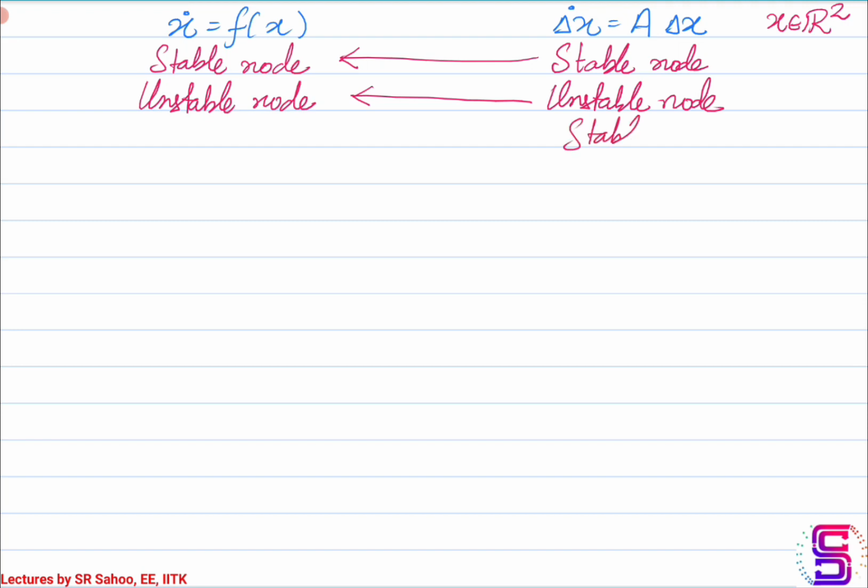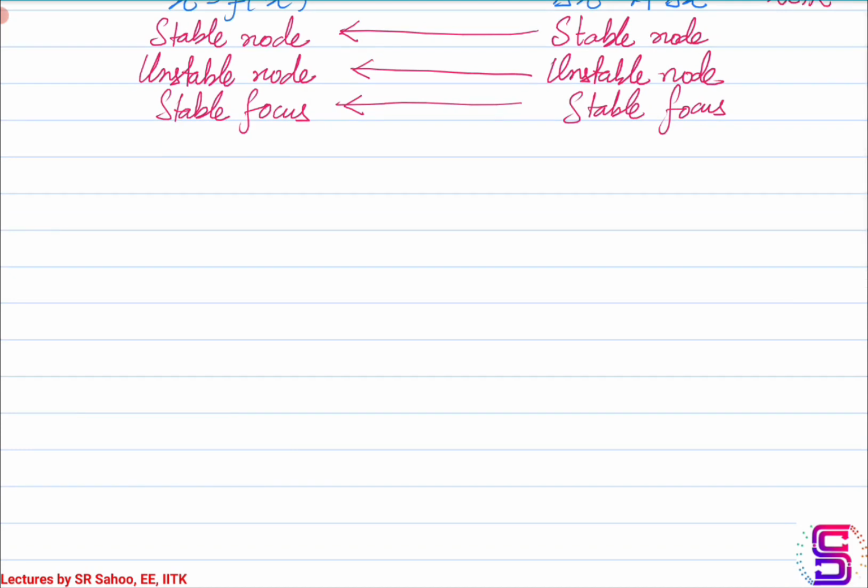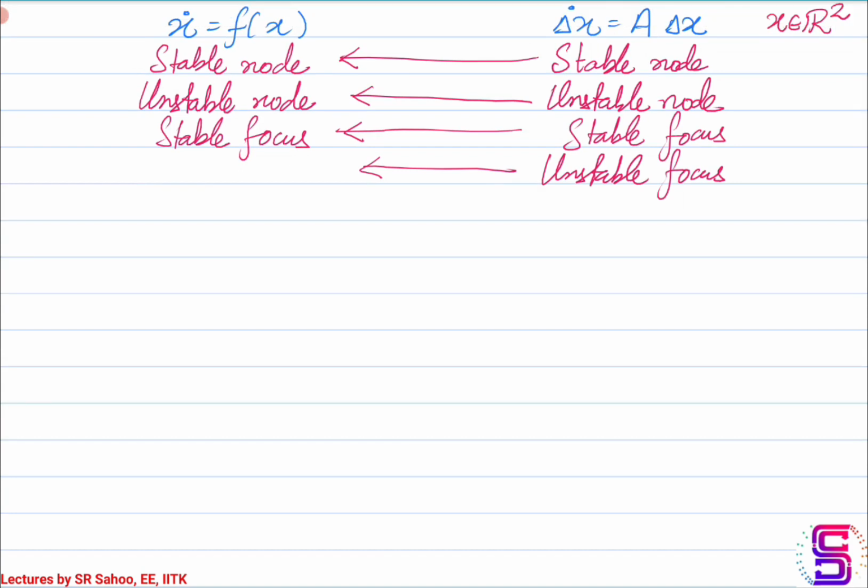A stable focus for the linearized system indicates that the equilibrium point for the nonlinear system is also a stable focus. So these behaviors for the nonlinear system's equilibrium point are essentially local, around some small neighborhood, not in the entire state space. If the equilibrium point 0 is an unstable focus, then for the nonlinear system, x star can also be classified as an unstable focus.